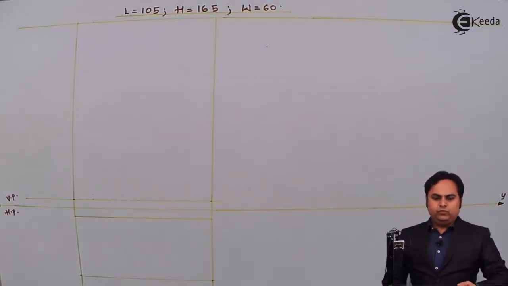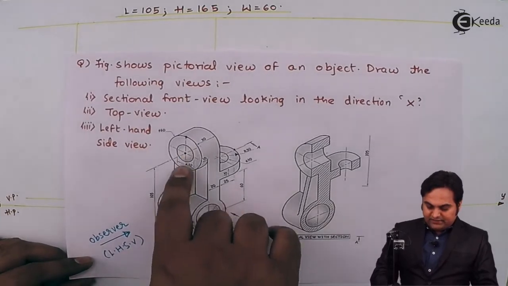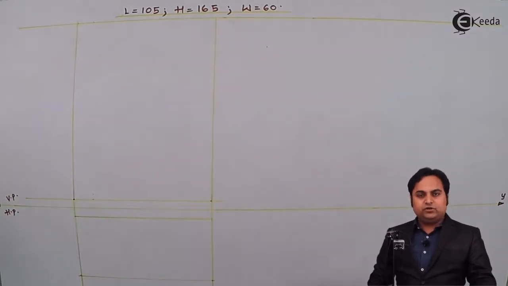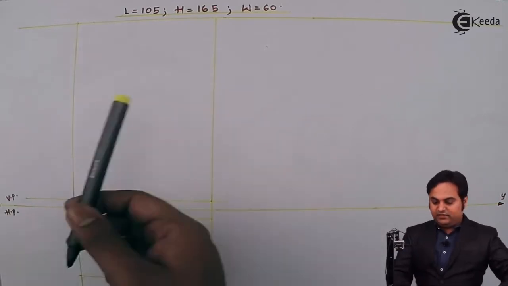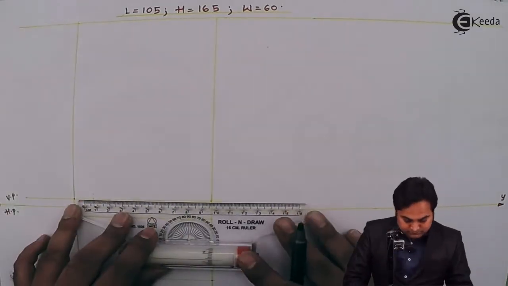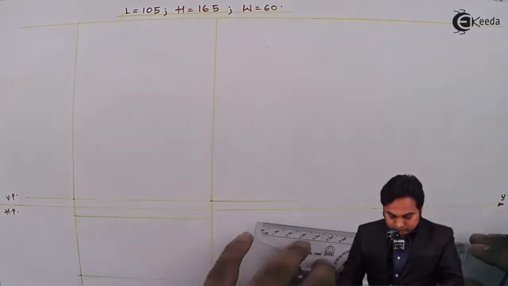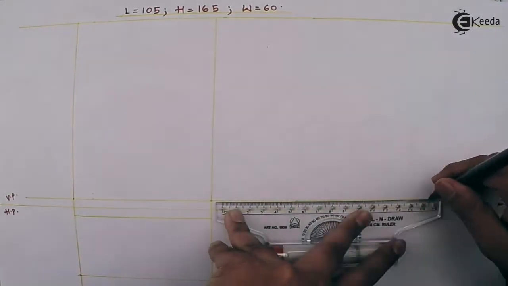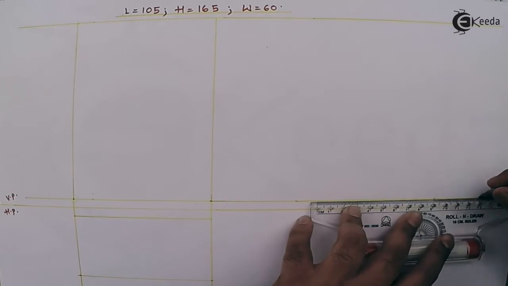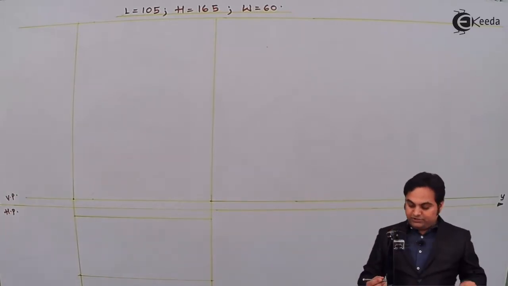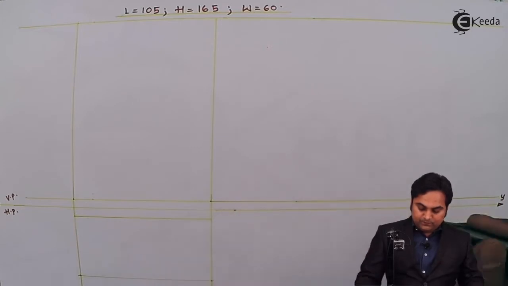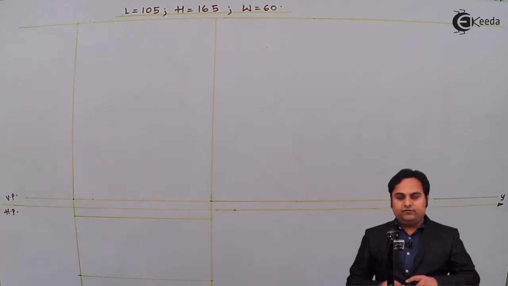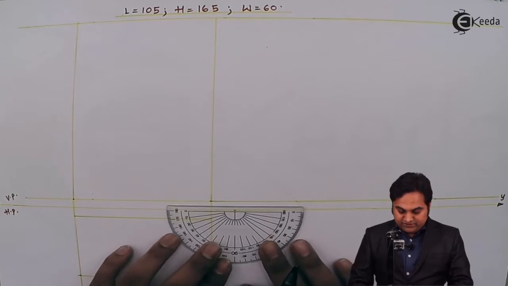Now, in the side view, the width of the object and the height are visible, not the length. So here I'll draw the rectangle of height and width. Height I can get directly from the front view. Width can be projected from the top view. So here I am taking a point, through that I am measuring an angle of 45 degrees, which is required for the side view.